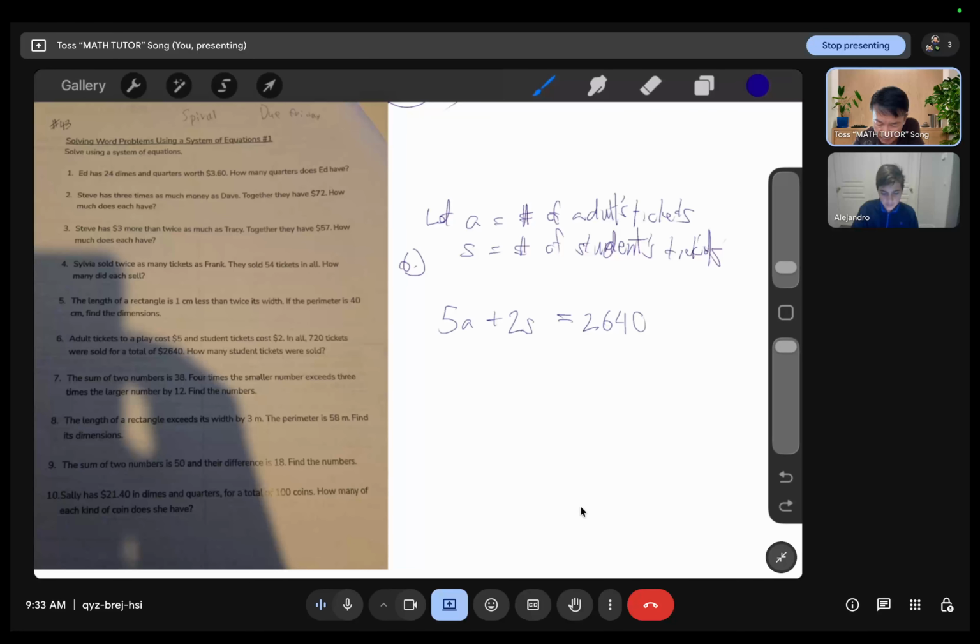What about the second one? It says there are in all 270 tickets sold. So A is the number of adult tickets, S is the student tickets.